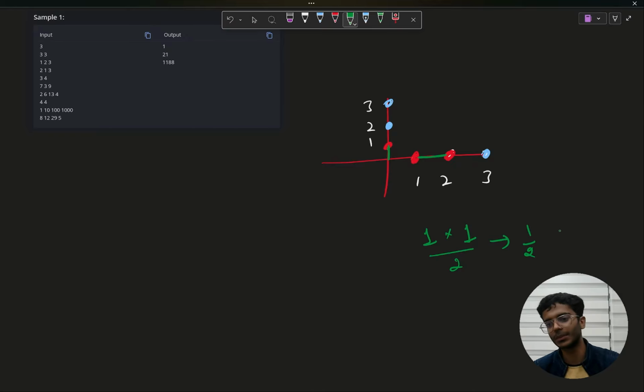And we need to print 2 times this, so if we multiply it with 2, our answer would be 1. And for the blue one, there's just one possible triangle that we can get, and the area would be 3 minus 2 into this height, which is 3.